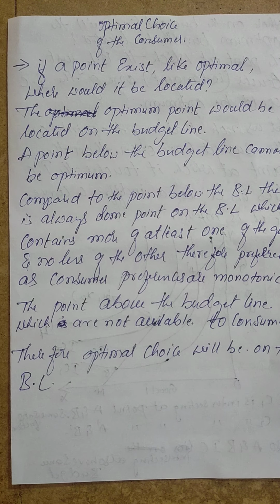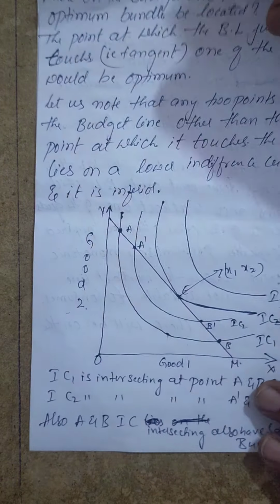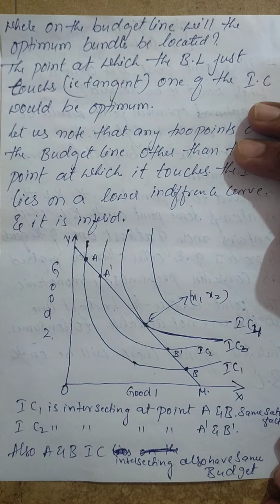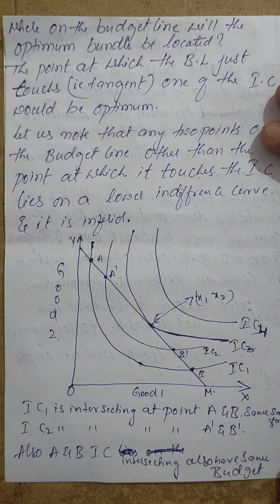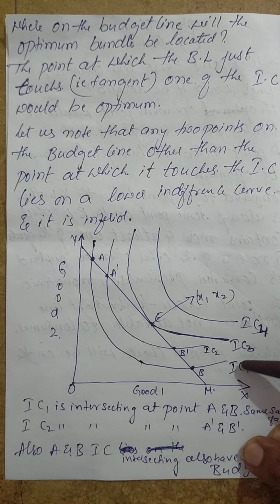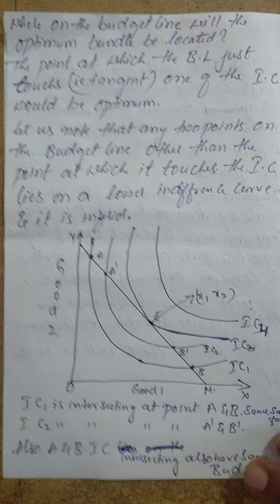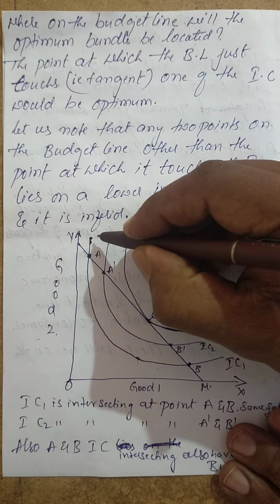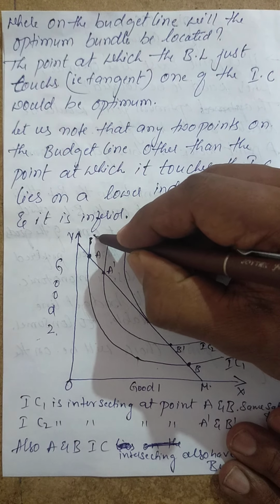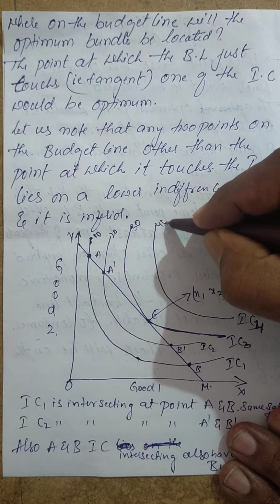So let us see through the graph how the optimal choice stays on the budget line. If you observe this graph very clearly, you have IC1, IC2, IC3 and IC4. Before starting, I will put the levels of satisfaction: 10, 20, 30 and 40.